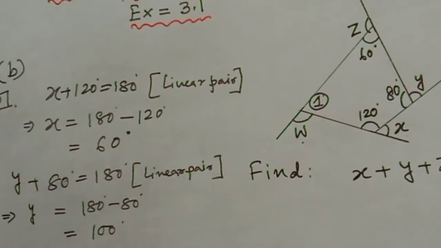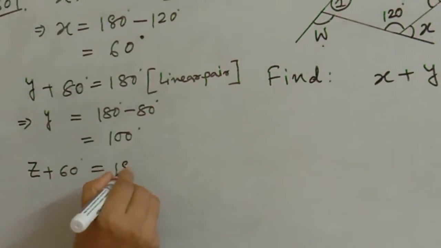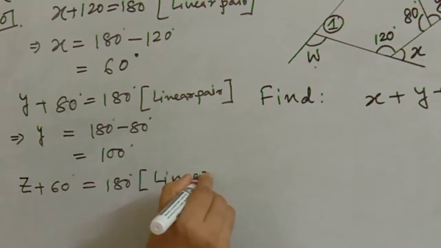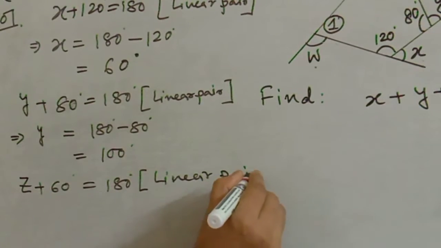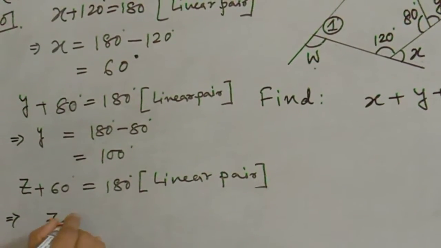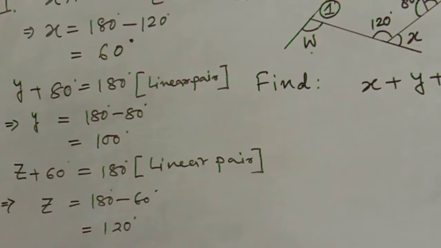Now z plus 60 is equal to 180 degree, linear pair. Therefore z is equal to 180 minus 60 equal to 120 degree.